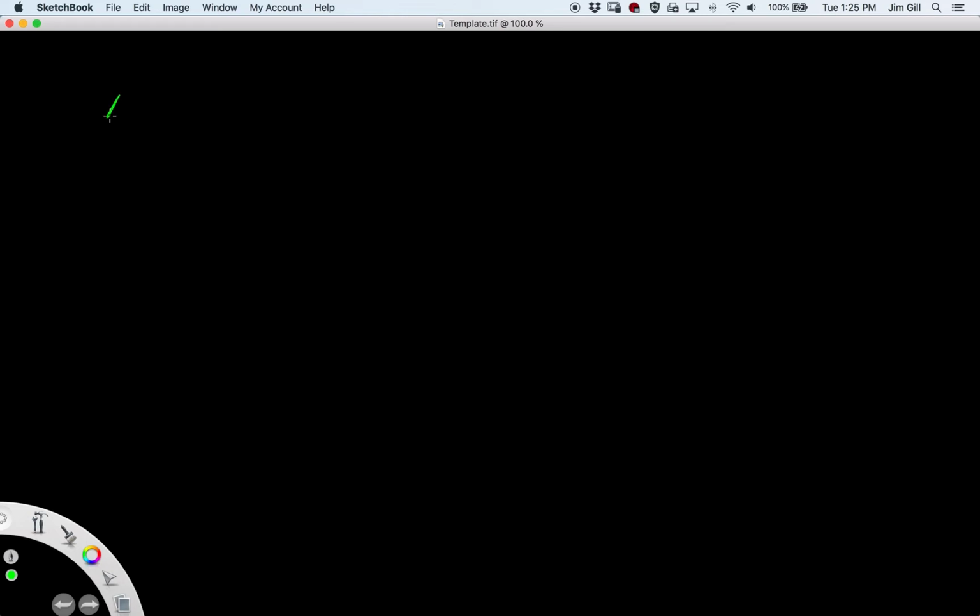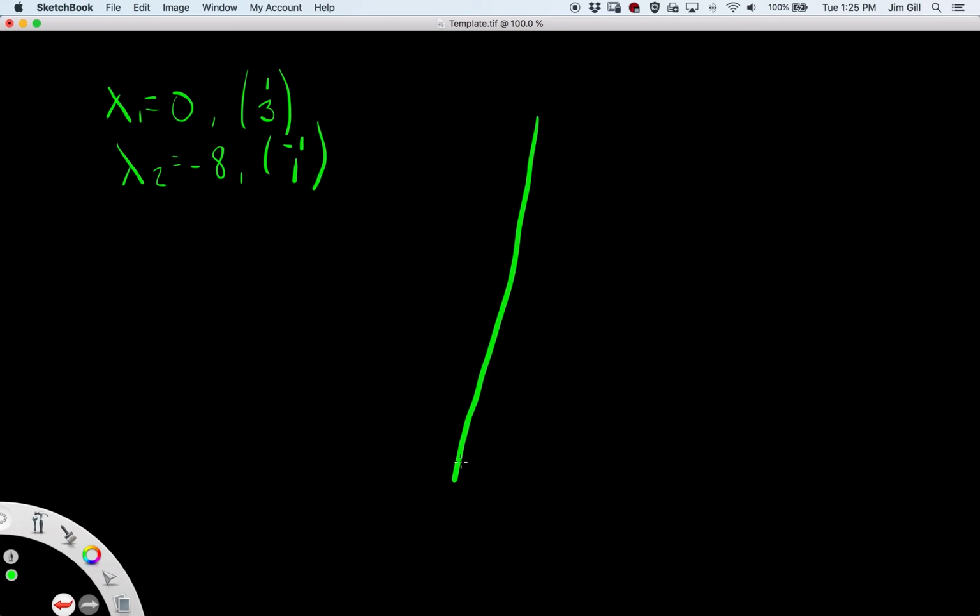Recall we have lambda 1 equal to 0 with associated vector 1, 3, and we have lambda 2 being negative 8, and the associated vector that goes along with that one is minus 1, 1. Okay, so let me draw a phase plot here.